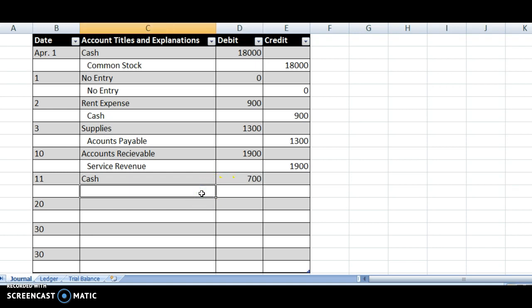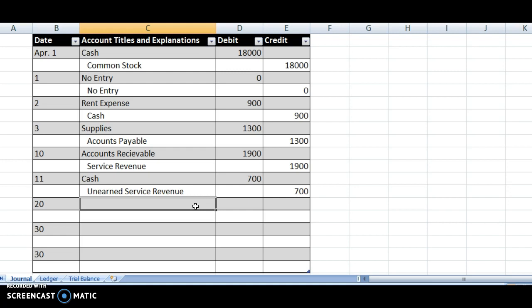But since we have not yet done the service, we have a special account called Unearned Service Revenue. And that is where we are going to credit the $700 because we've not yet earned the revenue, and it's to remind us that we still need to do the service.